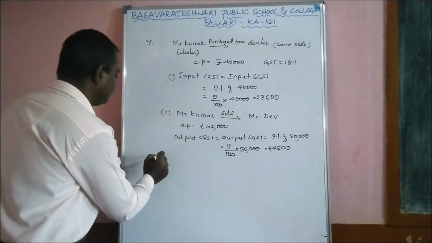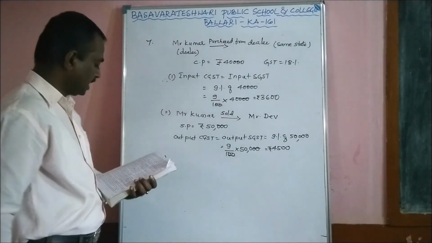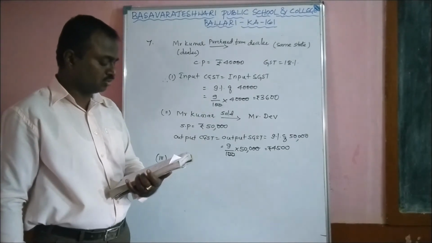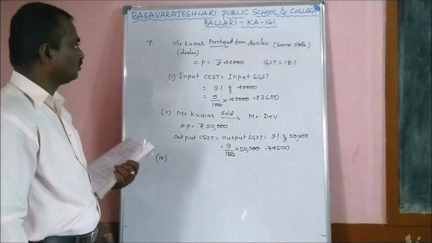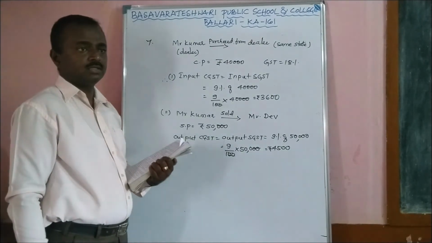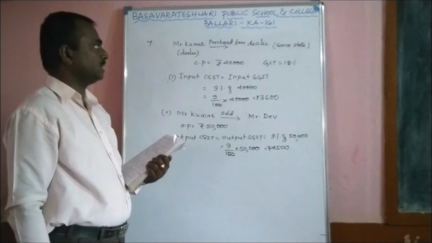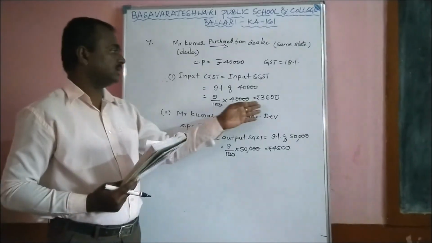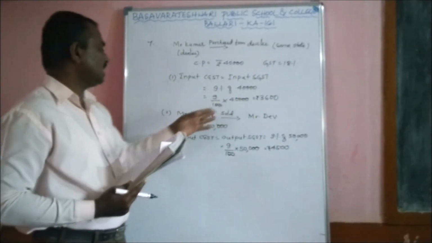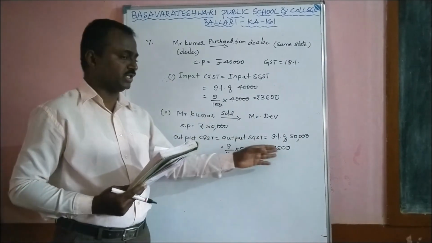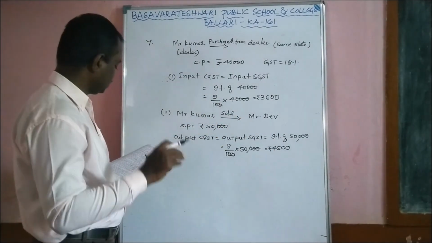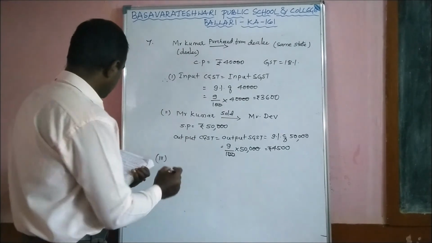Third answer. What is the third answer? Calculate the CGST and SGST payable by Mr. Kumar. So Mr. Kumar has to pay to the government. We have taken input CGST, and we have taken output CGST, so Mr. Kumar has to pay the difference to the government.